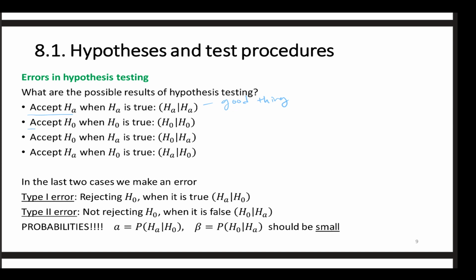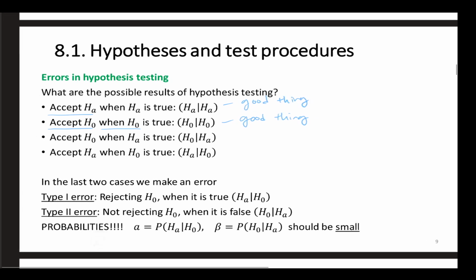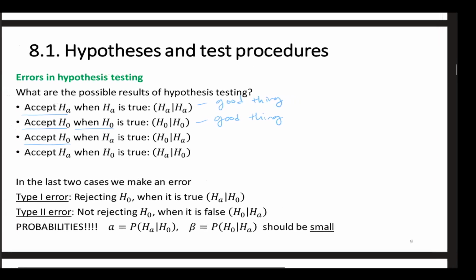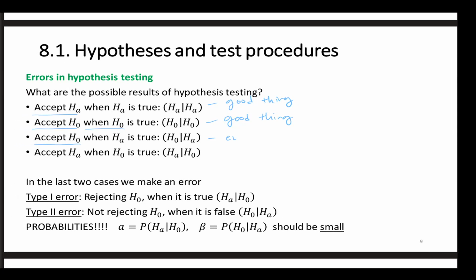Maybe we accept the null when the null is true. That's also a good thing. Well, that's actually really just saying fail to reject the null when the null is true. Maybe we accept the null when we shouldn't have. So the evidence was not strong enough.